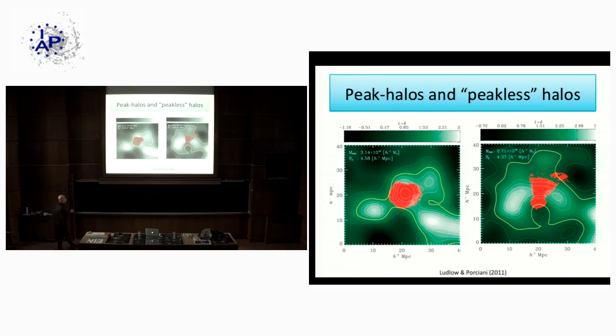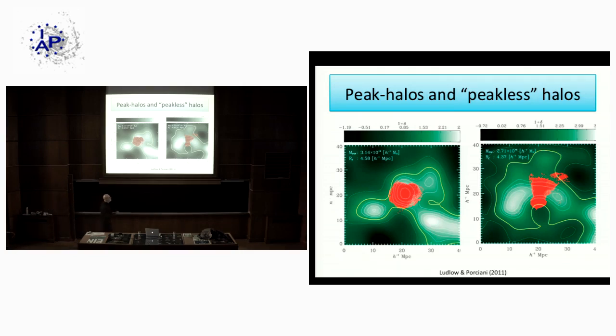These red dots are all the particles that are found in halos of overdensity 200 at redshift 0. And what you see below are density contours in the initial conditions. In particular, this yellow one would be the contour associated with the spherical collapse model. And what you find is that there are some halos which sit spot on peaks, and some others that actually don't.